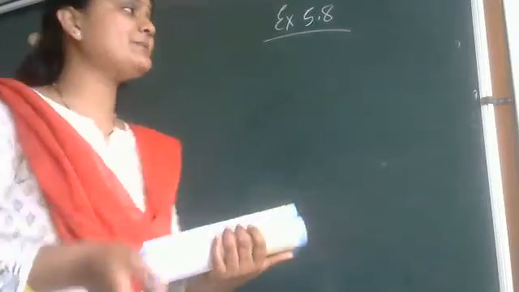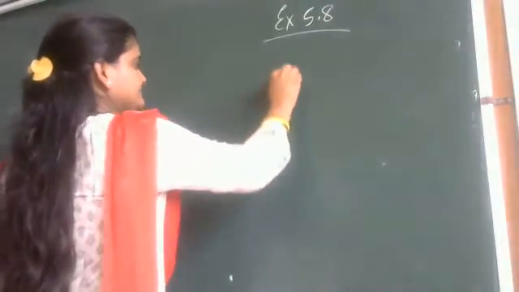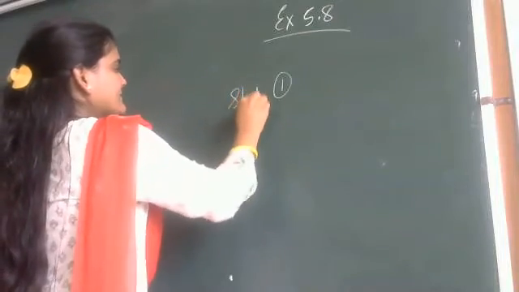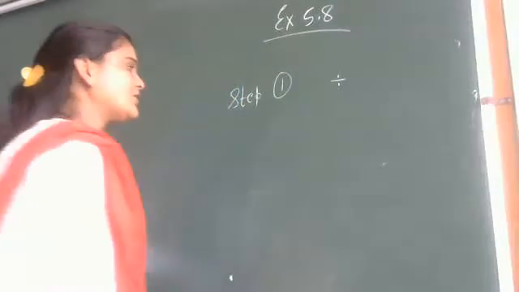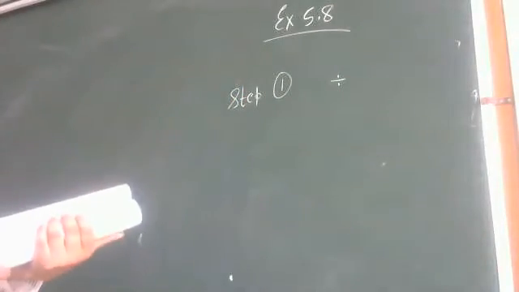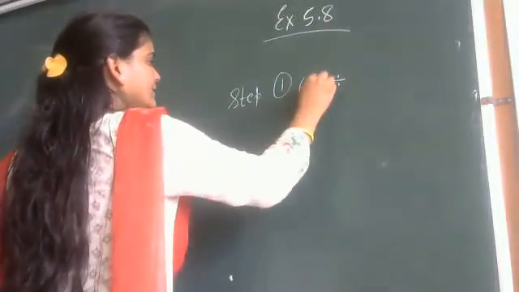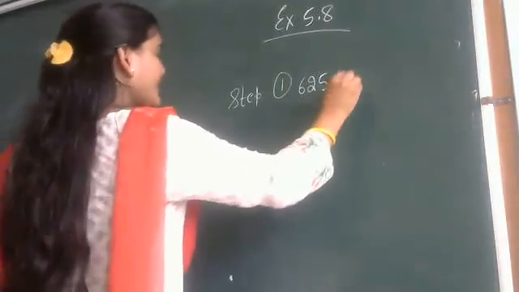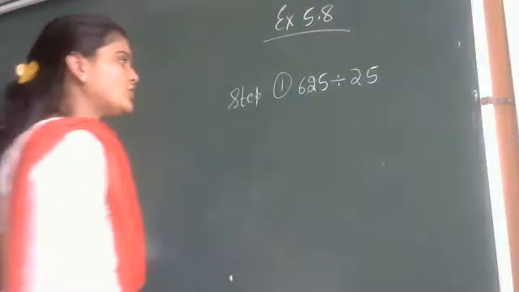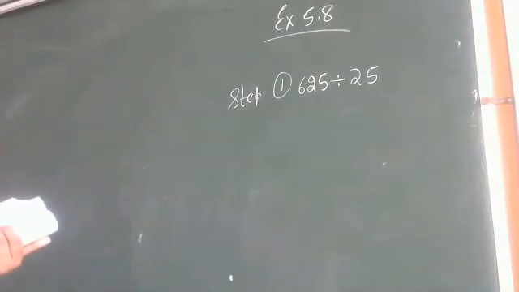First step will be what? Division. What numbers will you have to divide, children? 625, you divide it by 25. Yes or no? Yes, ma'am.